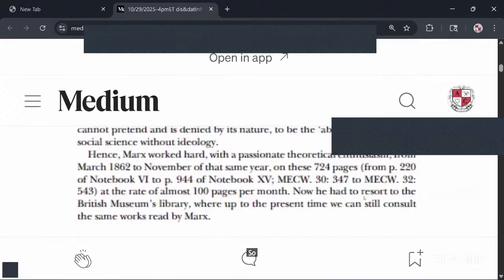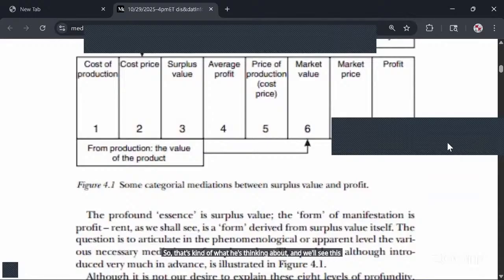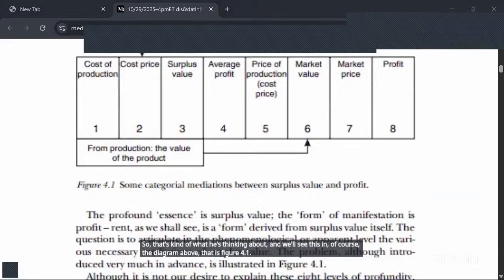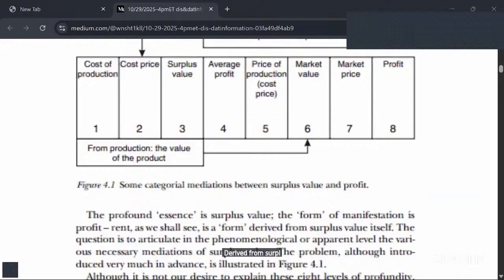So that's kind of what he's thinking about. And we'll see this in, of course, the diagram above, that is figure 4.1. The form of manifestation, profit dash rent, as we shall see, is a form derived from surplus value itself.